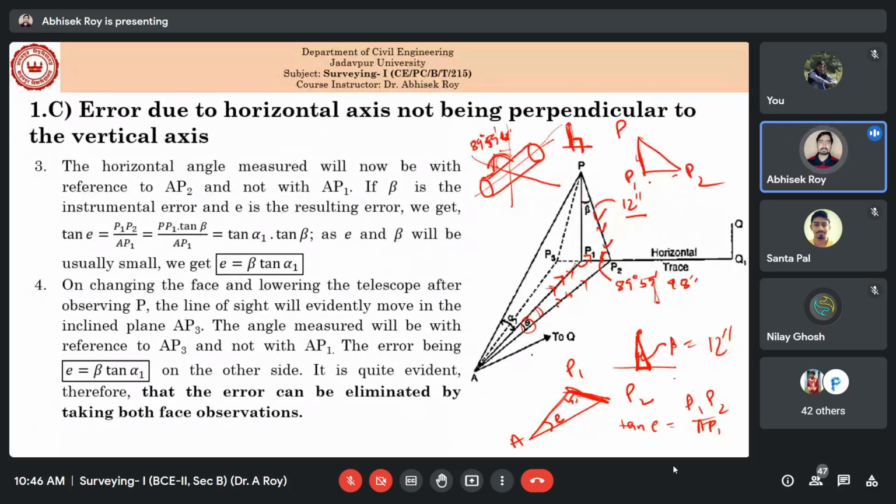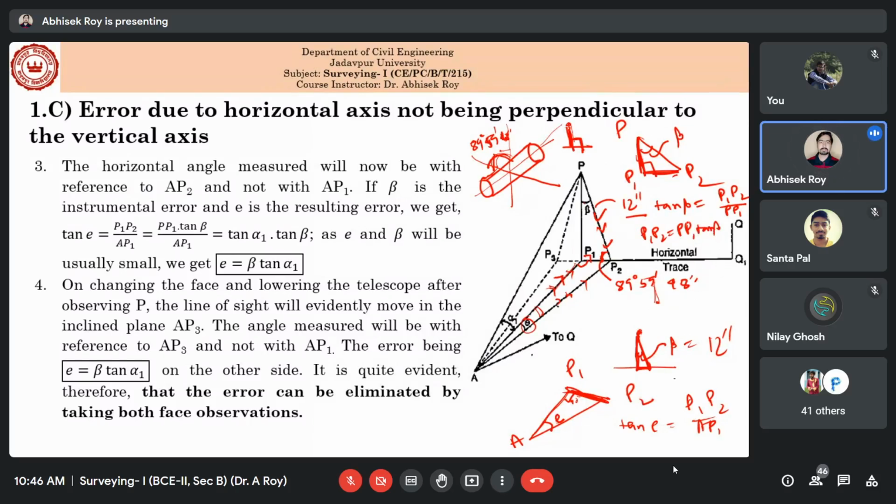Now P1, P2, from this triangle, as you know beta, you can calculate tan beta. Tan beta will be P1, P2 by PP1. Perpendicular is this one, base is this one, as this angle is 90 degrees. So P1, P2 by PP1. That means P1, P2 from this we can write as PP1 tan beta.